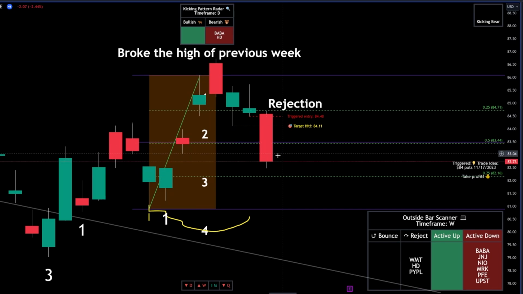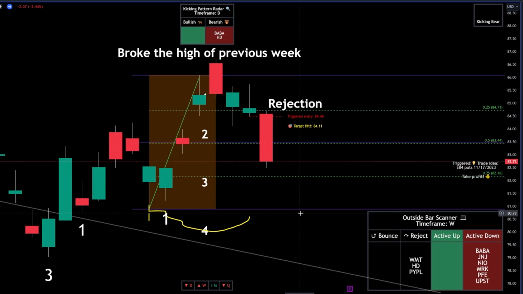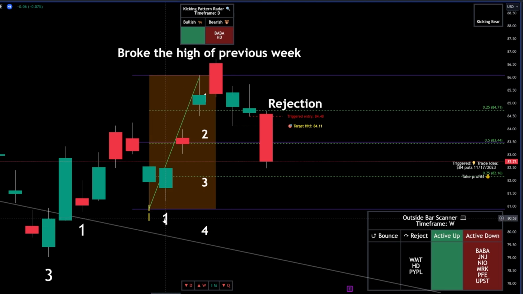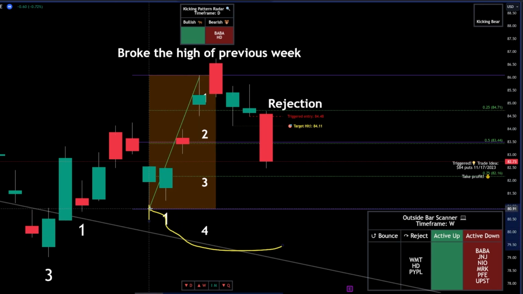There's such a high dollar move that can get me multiple hundreds of percent, and I already have a place where I know where I'm looking to take profit, which is the low of that previous candle.